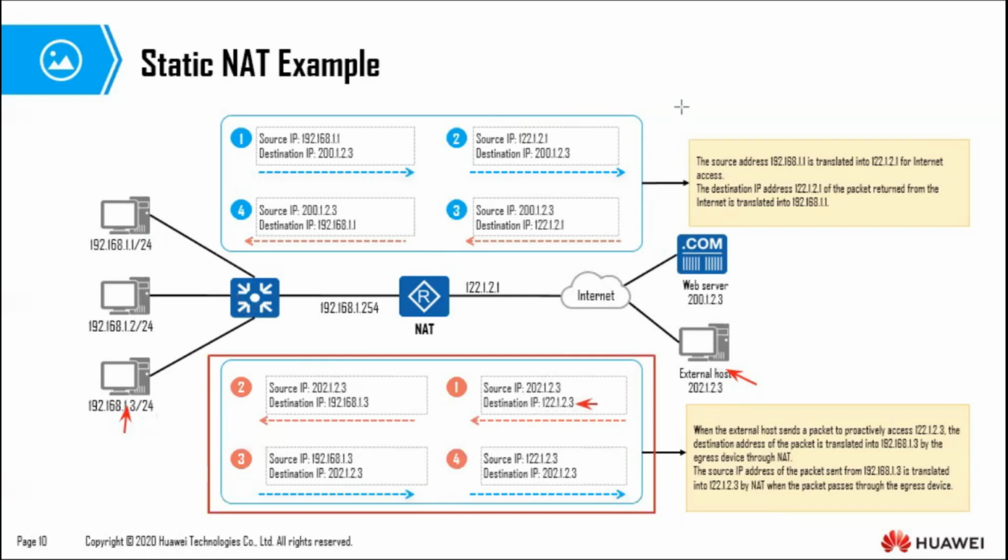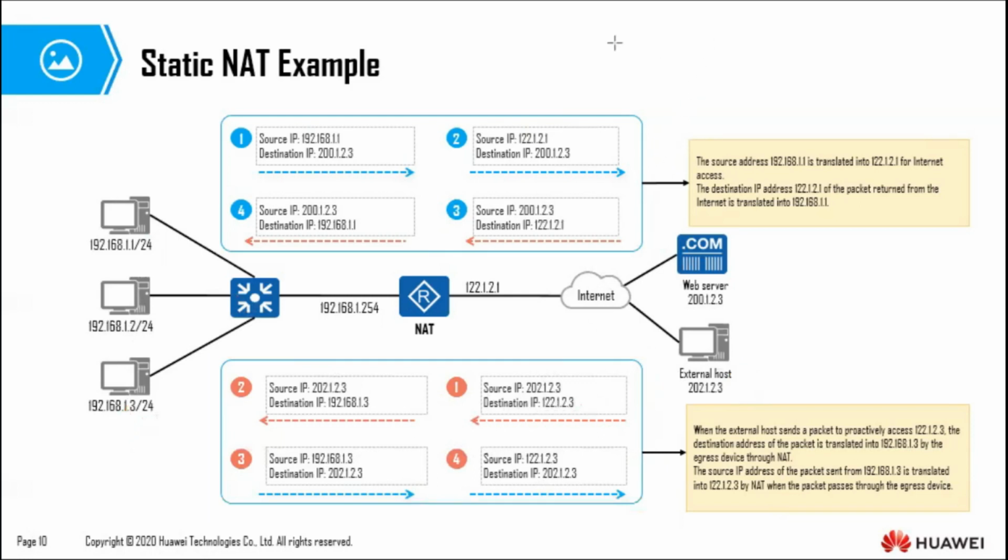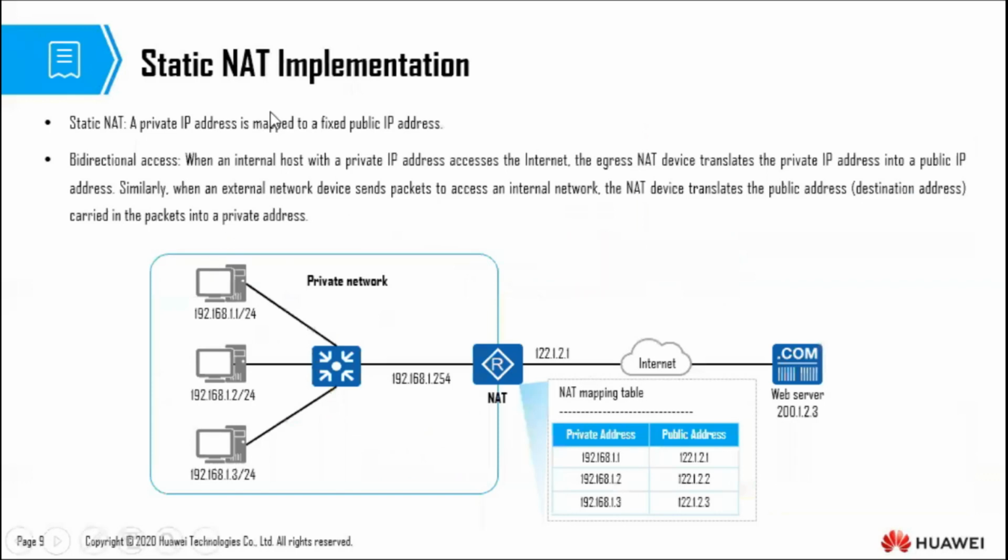Where are we getting this? In the previous slide, we mapped 192.168 here. Here we mapped this. So this one already is in our table. That if anyone comes in with this, we translate it to this. Are you getting the point? Yeah, so the assumption is that that table is already there.